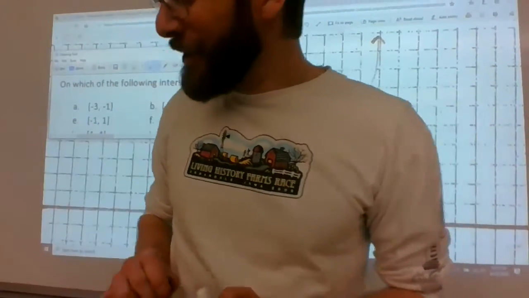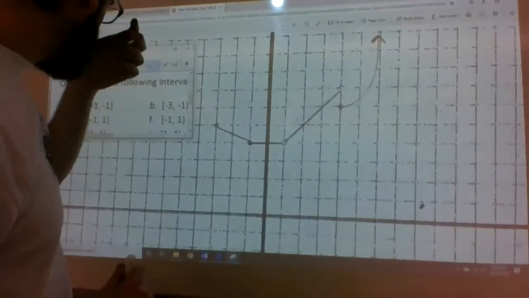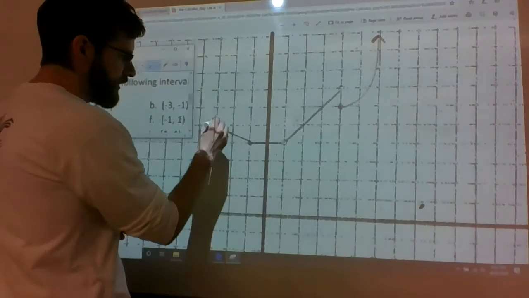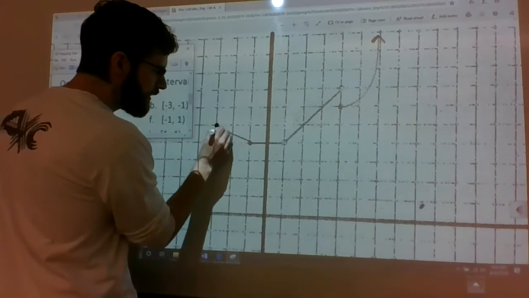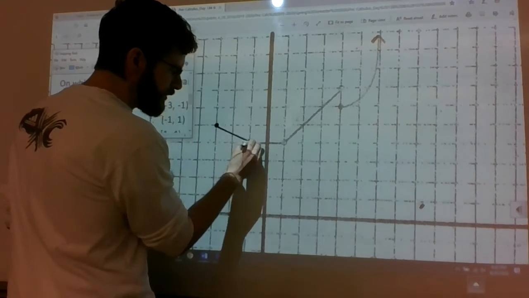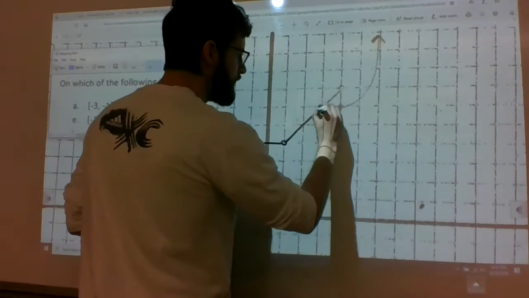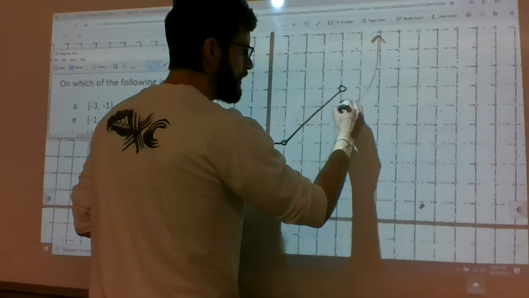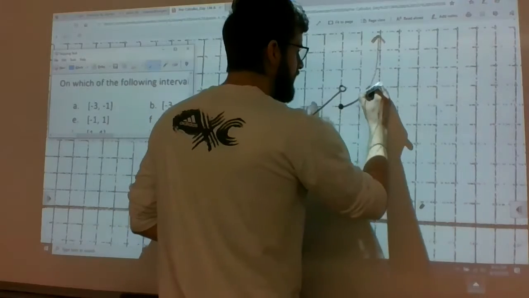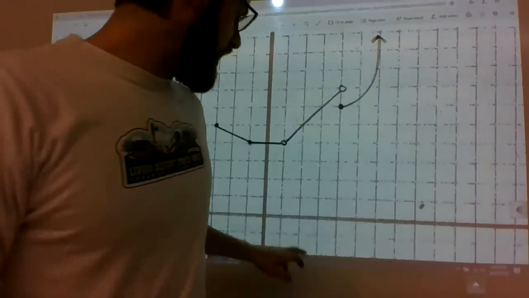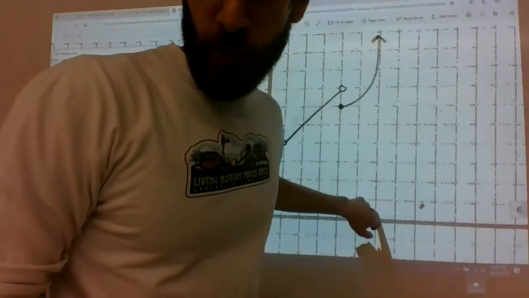All right. So here's what we're doing. We're saying, basically, here's our function. It goes from here to there, closed circle, open circle, closed circle, and it never quite goes beyond x equals 6.